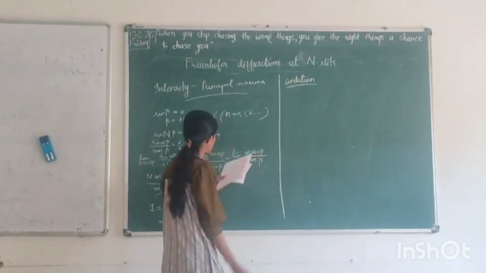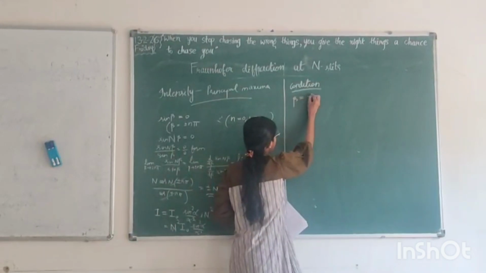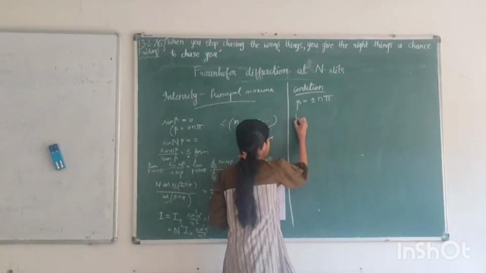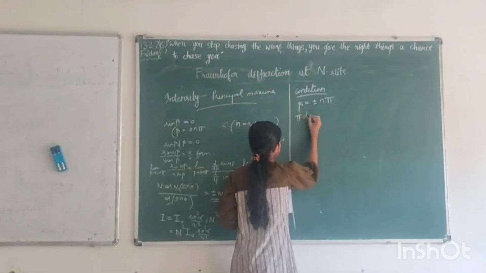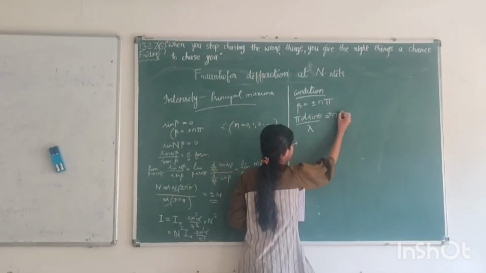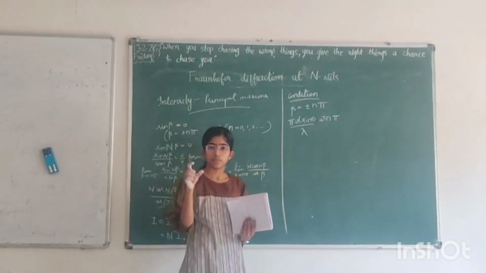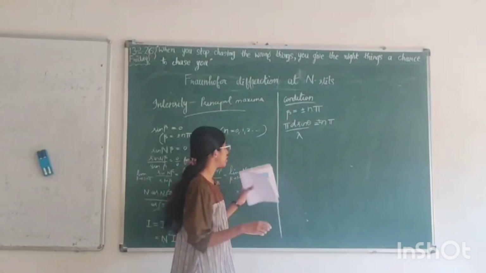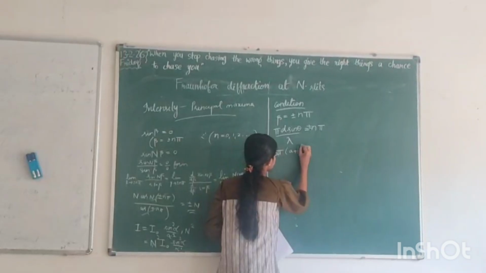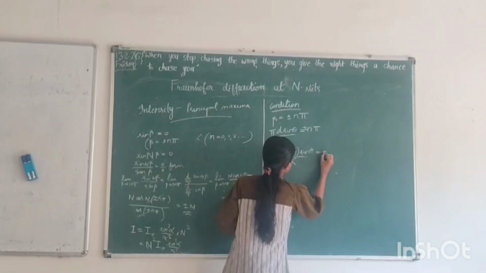We are taking this case of slits. So pi into a plus b sin theta by lambda is equal to plus or minus n pi.